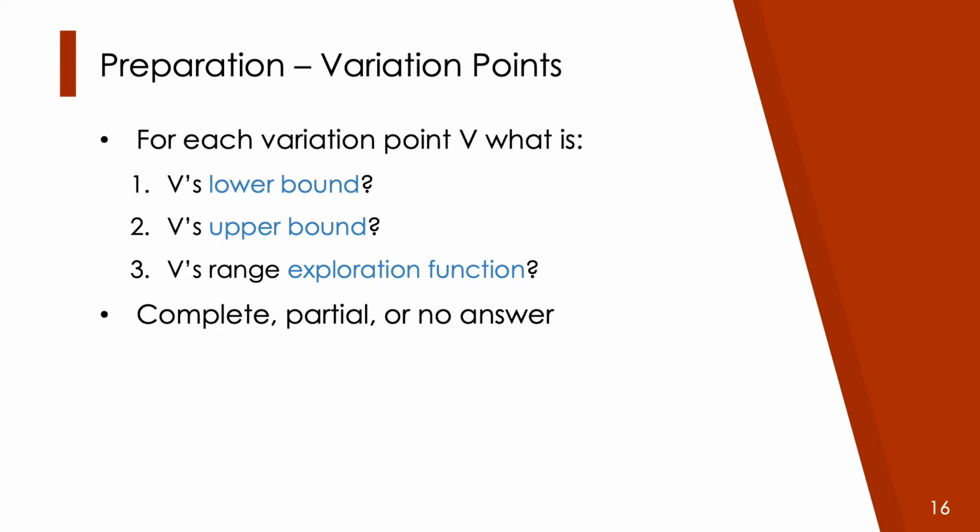An exploration function, you can think of it as a distribution on how we want to sample the interval between the lower bound and the upper bound. It could be a uniform sampling, it could be a normal sampling, so on and so forth. So basically, a little bit of a more advanced guidance for eQual on how to explore this range.